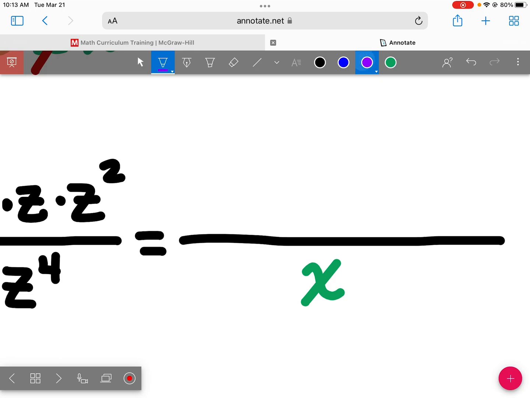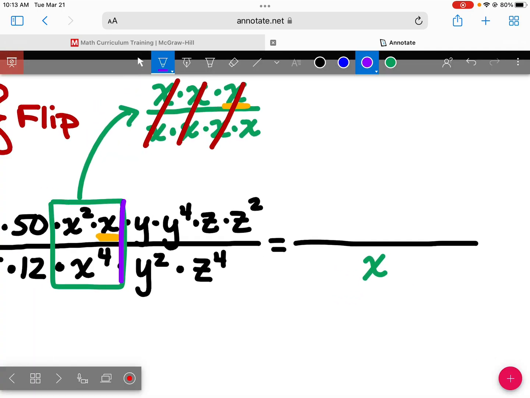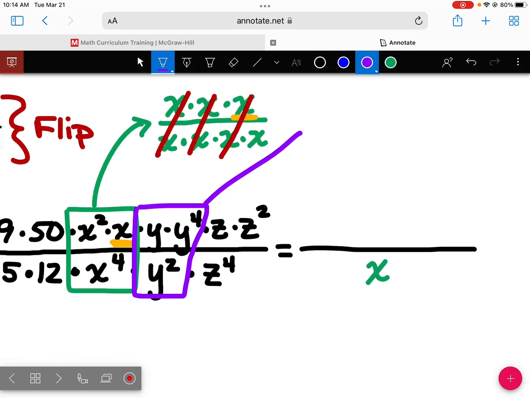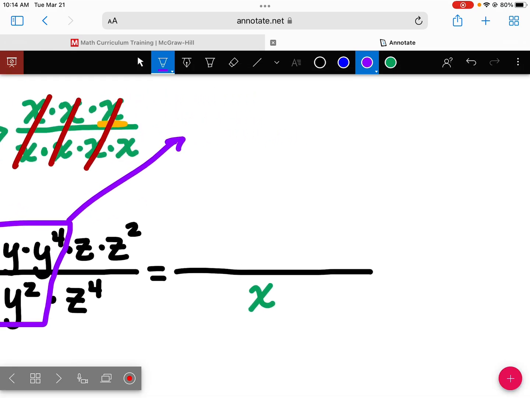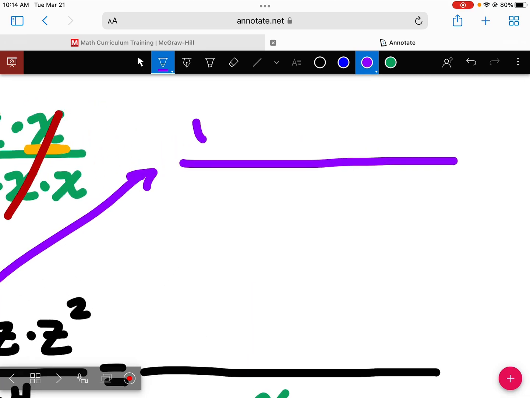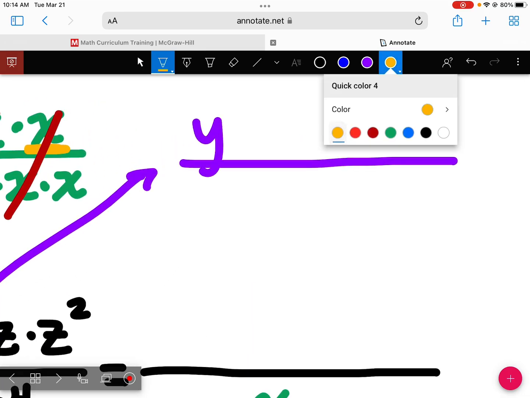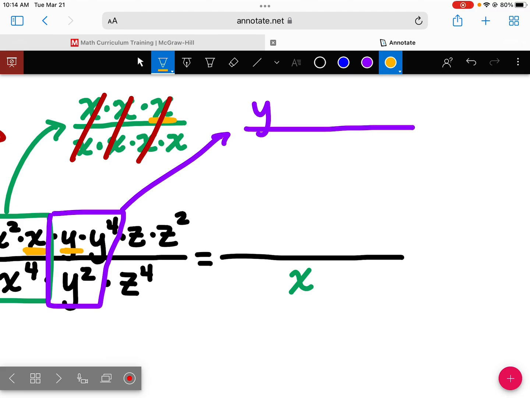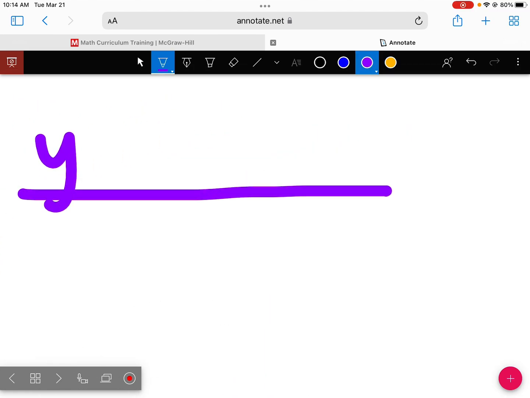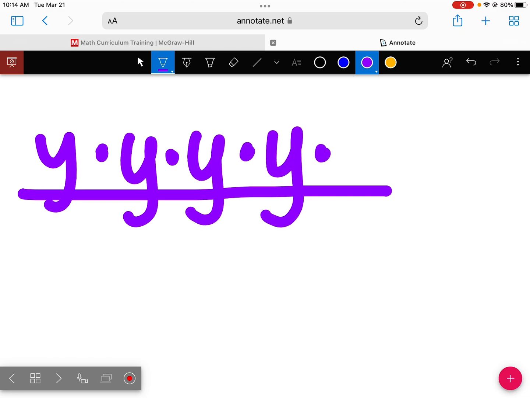I'm going to do the exact same thing with these y's. How many y's total are there up on the top that are being multiplied together? 5. I have the 1 right here, and then I have 4 from y to the 4th. 1, 2, 3, 4.